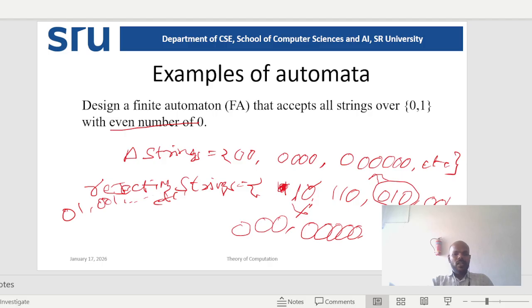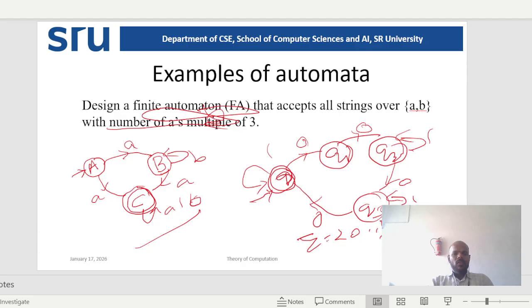The third one was designing a finite automata that accepts all strings over {a, b} with the number of a's a multiple of 3. These are the 3 problems we discussed in today's class.